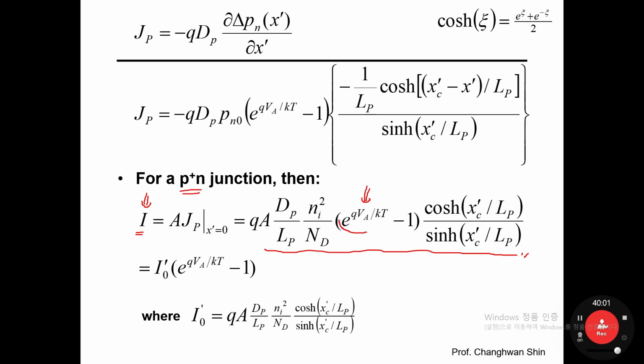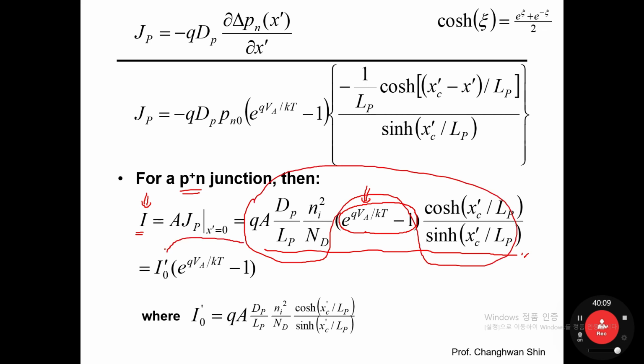So this whole set of other terms is combined together and described as I naught prime. Why I naught prime instead of I naught? Because hyperbolic cosine and hyperbolic sine terms are additionally included in I naught.